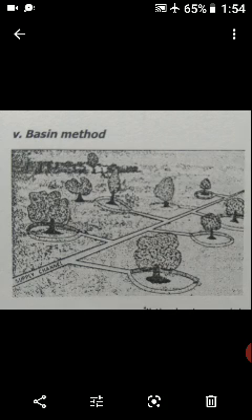Next is basin method. The basin method of irrigation is a special form of check basin method which is used for the irrigation of orchards. In this method, generally for each tree, a separate basin is made which is usually circular in shape and hence it is known as ring basin.